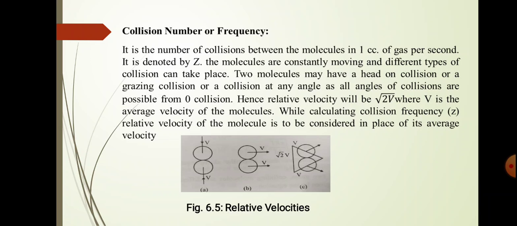So hence relative velocity will be under root 2 v, where v is the average velocity of the molecule, while calculating collision frequency Z, the relative velocity of the molecule is to be considered in place of its average velocity. So this is considered as the collision number.